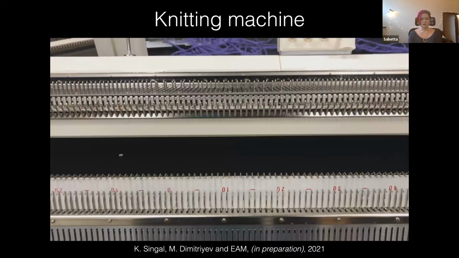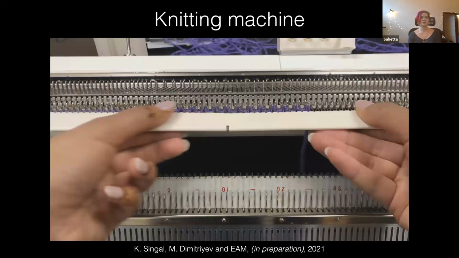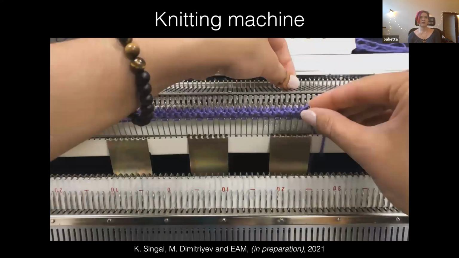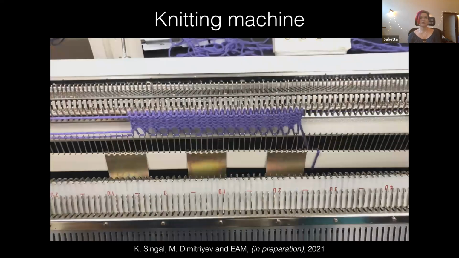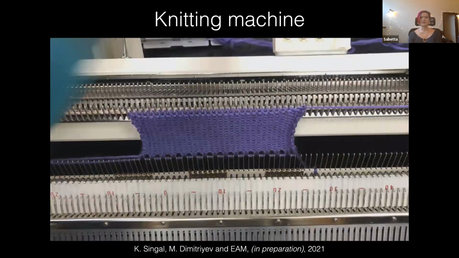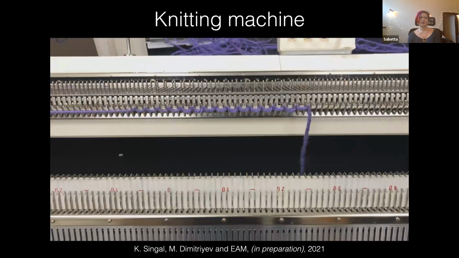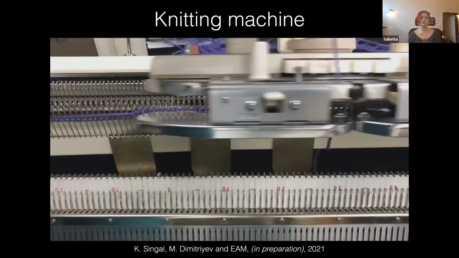So this is our knitting machine, and this is Krishma making a sample. We have recently acquired a really fancy computerized knitting machine, but we still need technicians to come out and get it all set up for us. This will enable us to study way more complicated samples than Krishna can make on this little manual desktop machine.